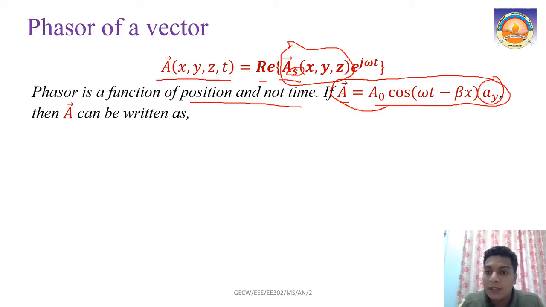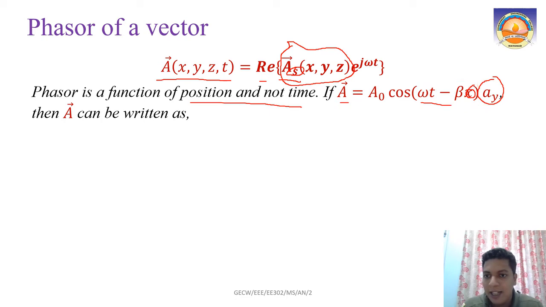Now inside the cos function we have omega t, which means it is varying with respect to time, and we also have beta x, which means it is varying with respect to the x variable, right? Are you getting my point? So this is an example of a function which is varying with respect to time as well as with respect to space.